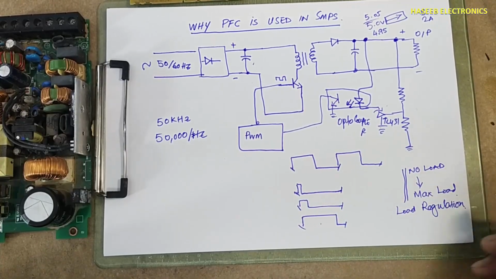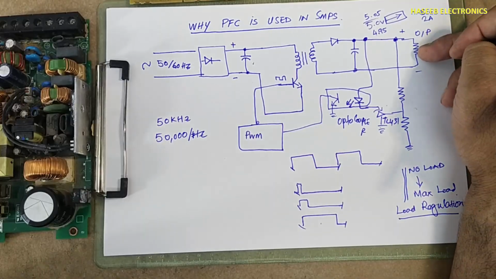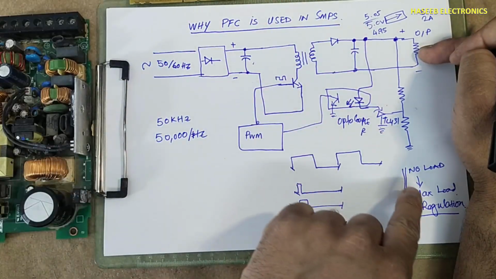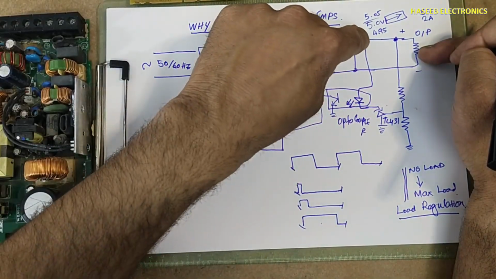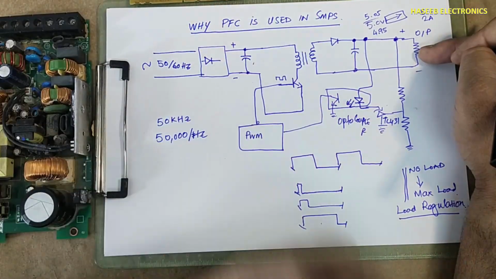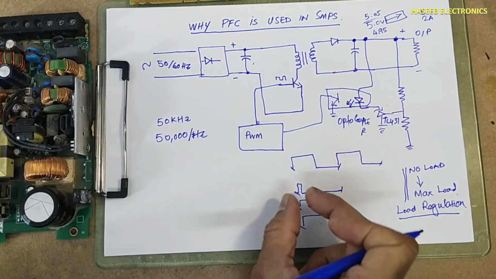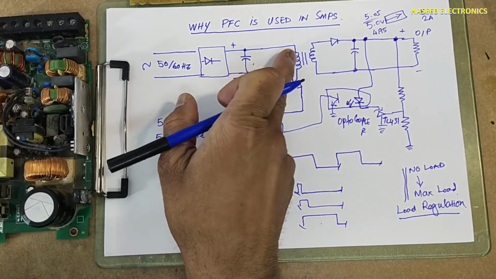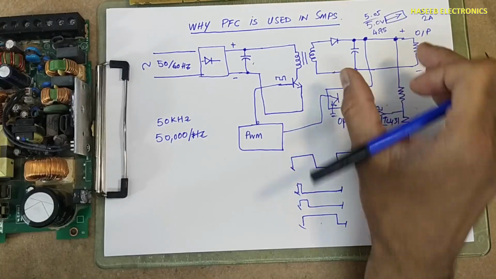If there is no load, it will provide 5 volt. If there is medium load, it will provide 5 volt. If there is maximum load, it will provide 5 volt, by adjusting duty cycle, by controlling the current. This is one condition.